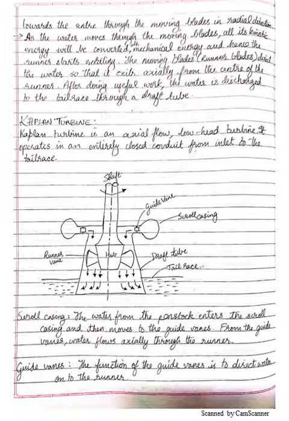Now let's move to the Kaplan turbine. The Kaplan turbine is an axial flow low head turbine, and it operates entirely in a closed unit from the inlet to the tail race. As you see, first the water enters the scroll casing.